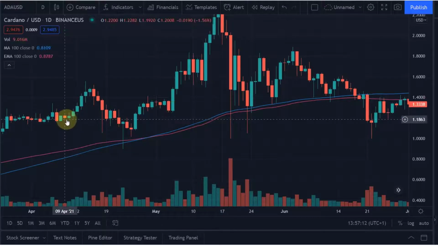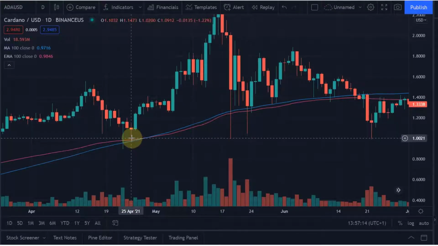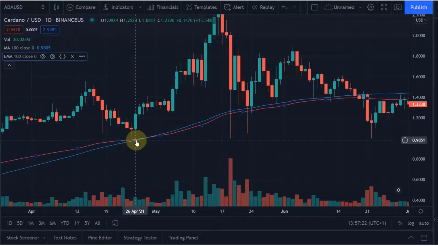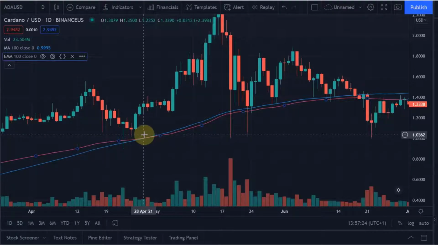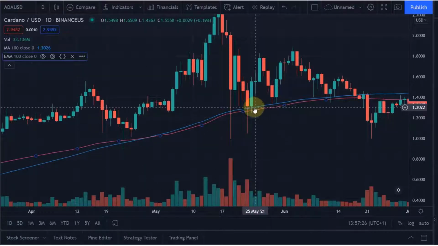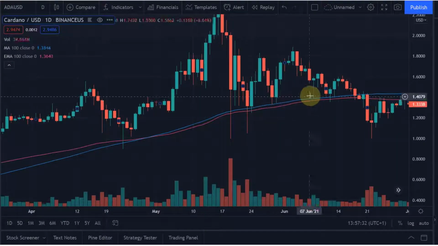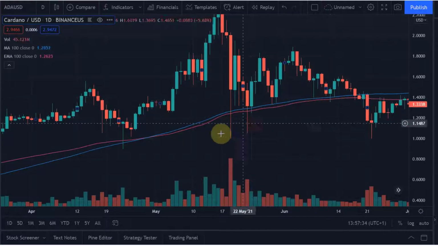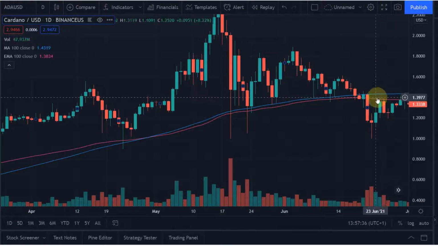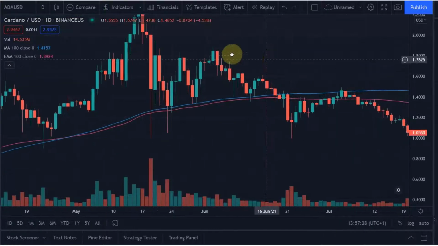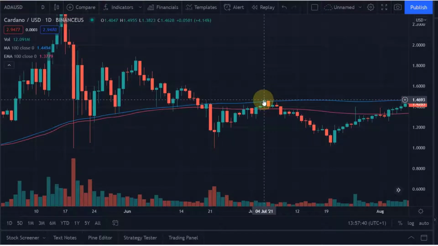If we take a look at this area here where we had a support, where I think the moving average acted as support sort of, we had, for example, the exponential moving average a little bit closer. Here it was the simple moving average, which was a bit closer to the lower end of the candle. Here again the simple moving average, and again here the simple moving average.